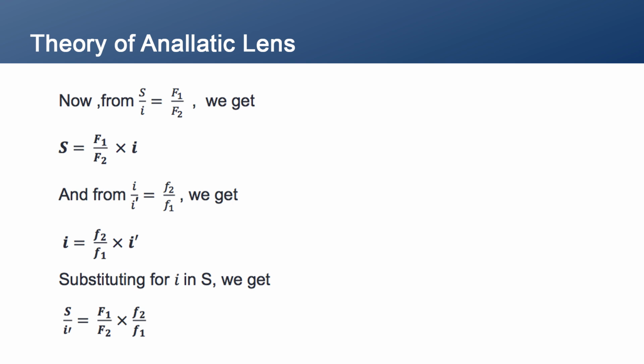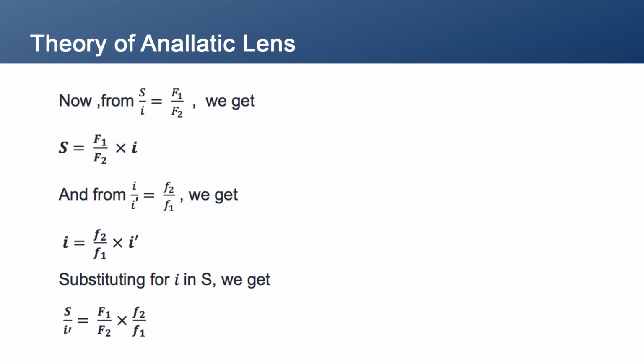Now, from S by I is equal to F1 by F2, we get capital S is equal to F1 by F2 into I. And from I by I dash is equal to small f2 by small f1, we get I is equal to small f2 by small f1 into I dash.